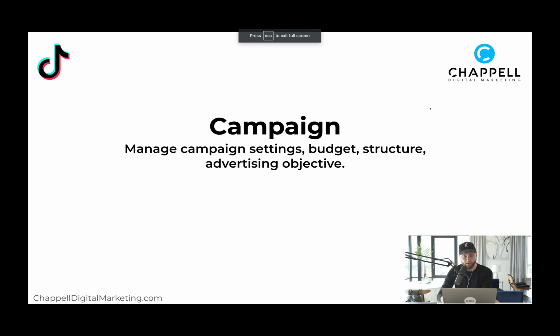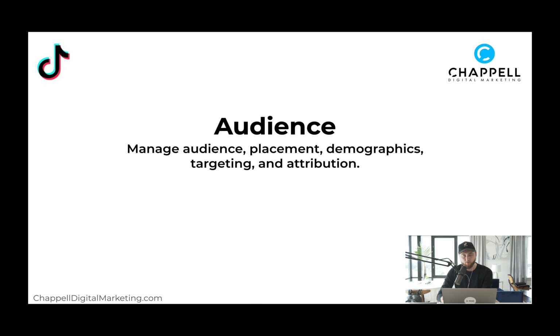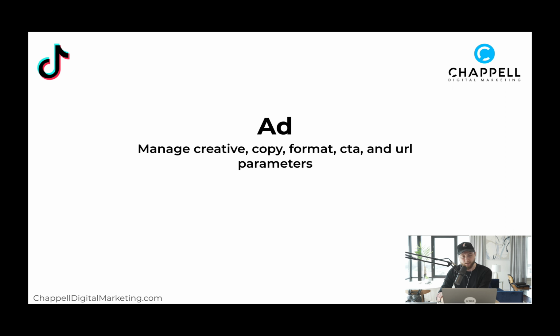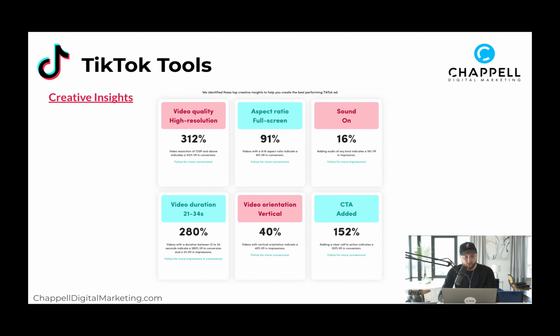So we've already covered the campaign on how to manage that and set up the settings here and the structure. We've covered how to select the audiences and input the information that you want for targeting. And now we're on the ad level where you're going to manage the creative, the copy, format, call to action, and the URL parameters. This is the real key part here. And so what you'll see is we have a creative insights tool for TikTok, and everything we do is data driven. We don't want to put our own opinions into it.